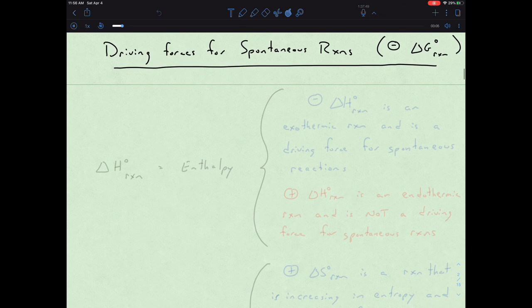So if we go to the equation above, there's two features that are driving forces. One would be enthalpy, one would be entropy.